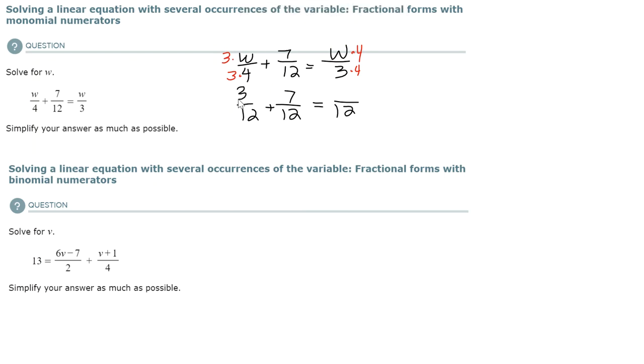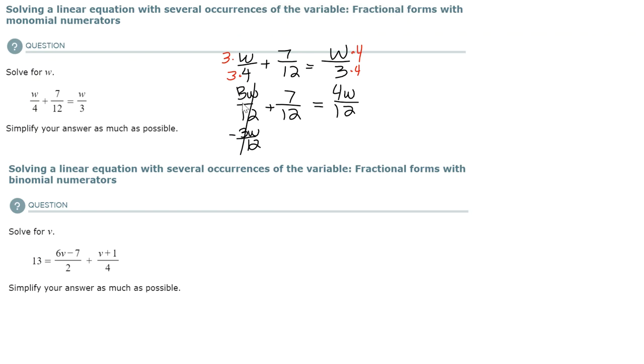So now I have 3w over 12 plus 7 twelfths is equal to 4w over 12. So now when I subtract, I'm actually going to move the 3w over 12, and the reason is I want the variables on one side. So this is a positive 3w twelfths, so I'm going to subtract 3w over 12.